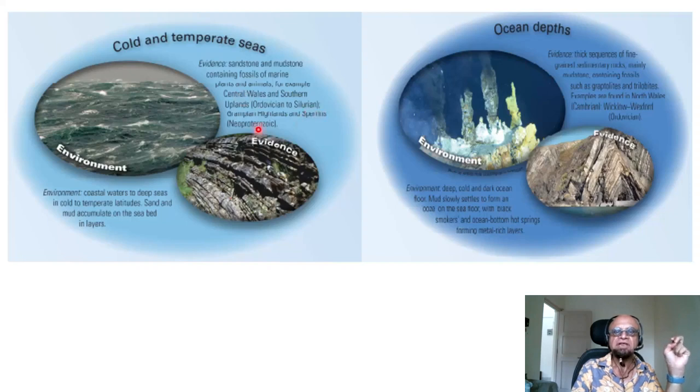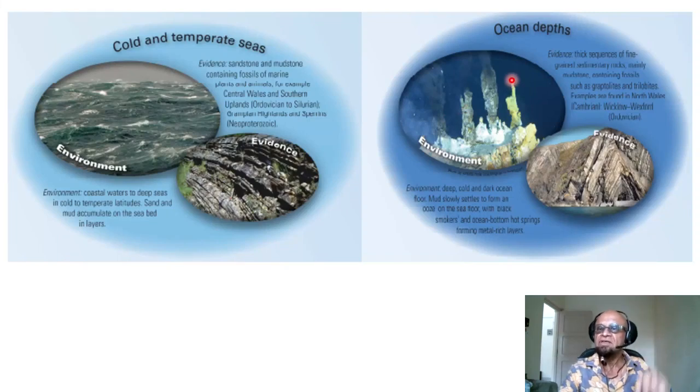For example, central Wales and southern uplands from the Ordovician to Silurian, and other regions have rocks from the Neoproterozoic, meaning the late Proterozoic, which is very old. Remember, Proterozoic is the early life, 2.5 billion years ago to 542 million years ago.